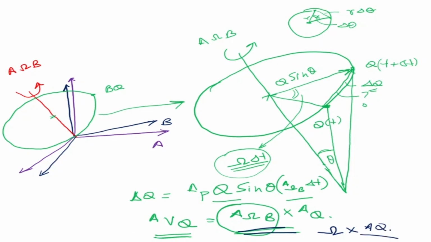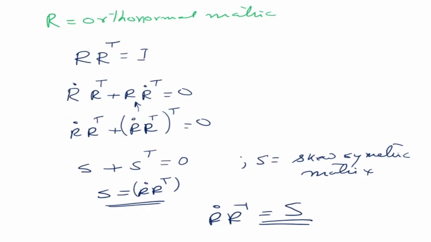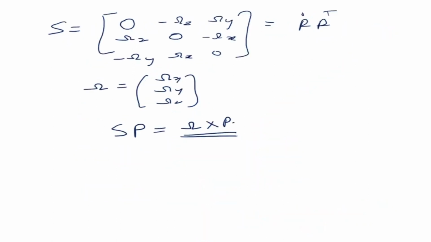So what is omega? Omega is a skew symmetric matrix which is given by this term, and the skew symmetric matrix is related to the rotation matrix in this way. This is very interesting in terms of the rotation matrix, that the rotation matrix can also be used to find this skew symmetric matrix.